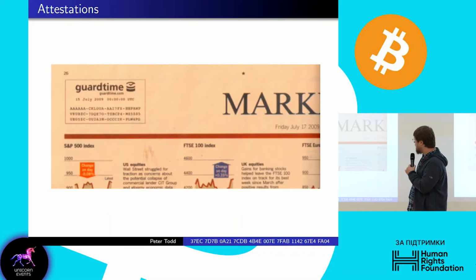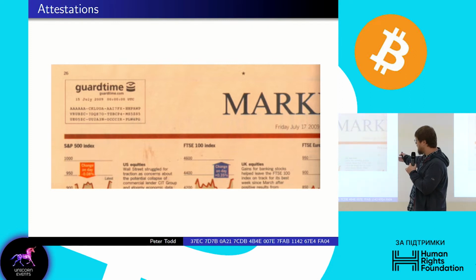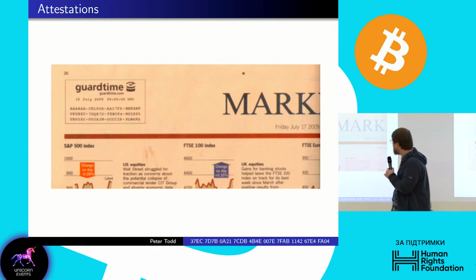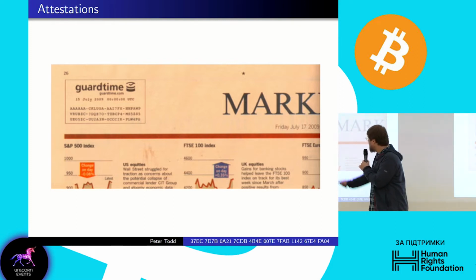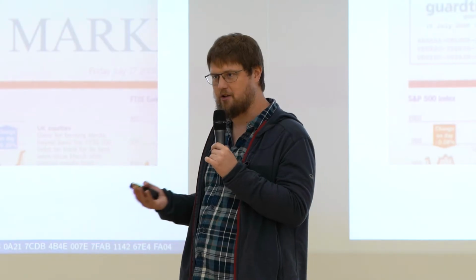Well, prior to Bitcoin, that's exactly what the Guardtime company did. Not the easiest thing to read, but this is an actual newspaper dated 2009? Oh, funny enough, yeah, but after Bitcoin was created. And Guardtime did this Merkle tree thing and a few other things, like including a blockchain.